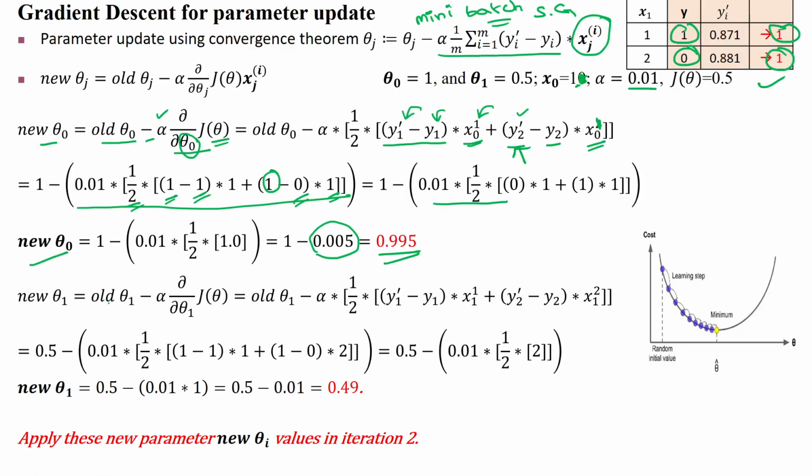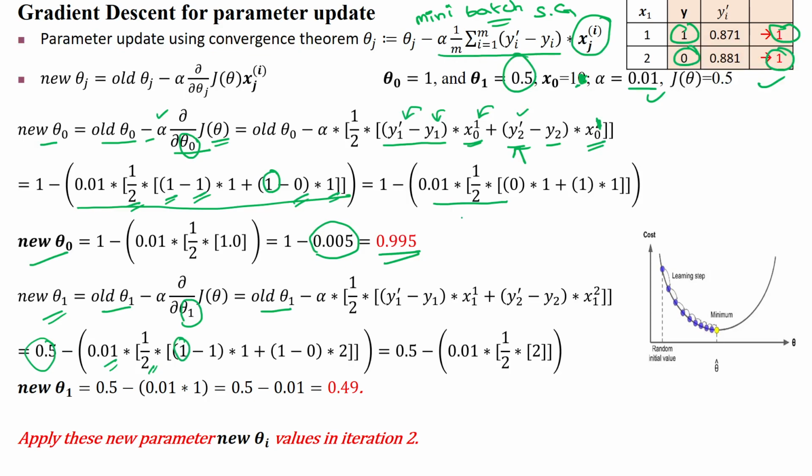Now we calculate the new theta 1 value: old theta 1 minus alpha times the partial derivative with respect to theta 1. So we substitute the values. Old theta 1 is 0.5, which is given here, minus the learning rate 0.01, and 1 by 2, the number of samples.